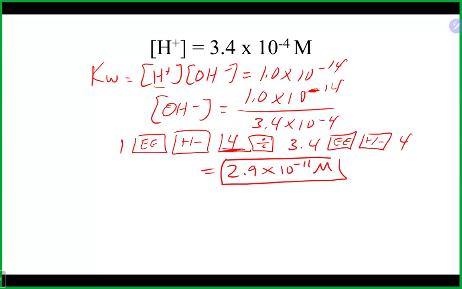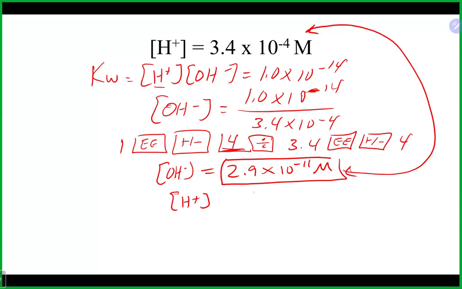Now that we have the OH minus concentration, we want to compare it to our H plus concentration. In this particular case, which one is bigger? The H plus concentration is larger, and that would mean that this solution should be acidic.